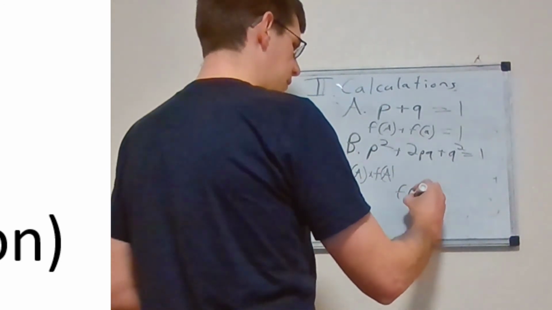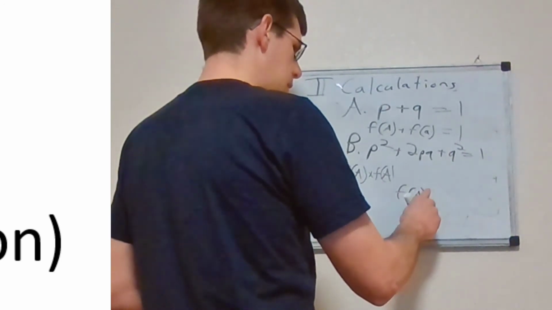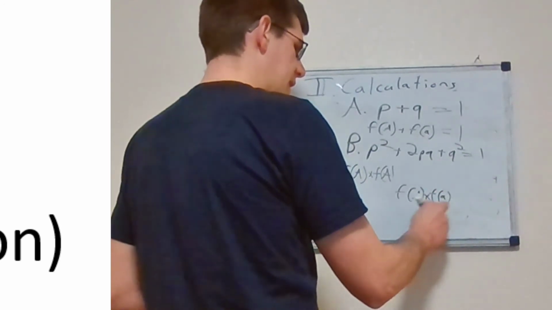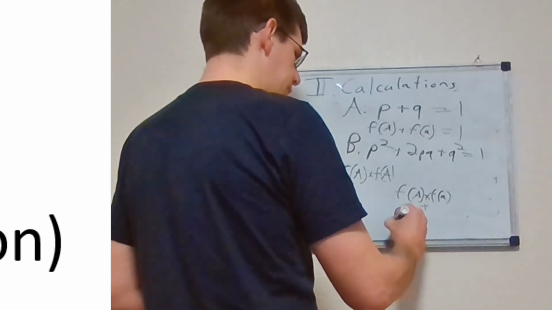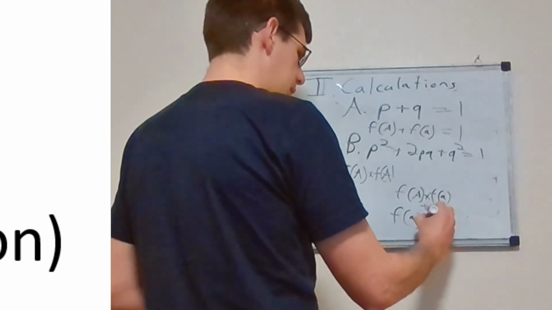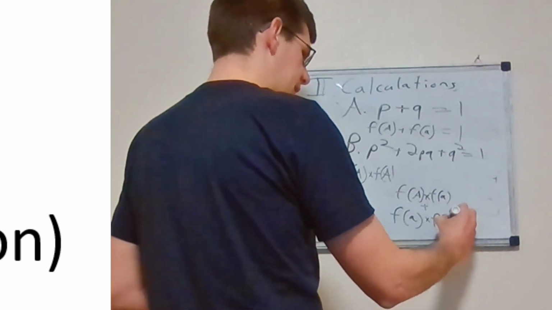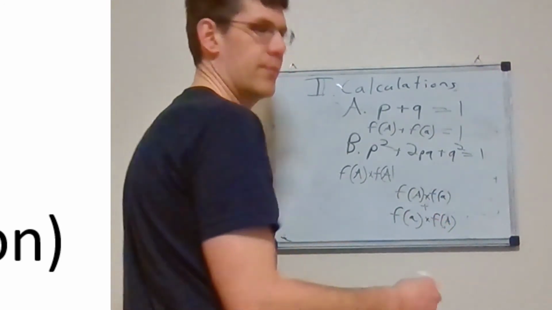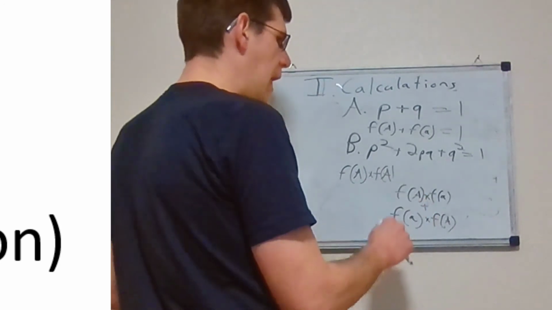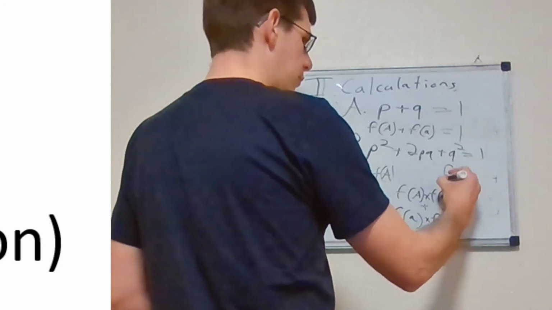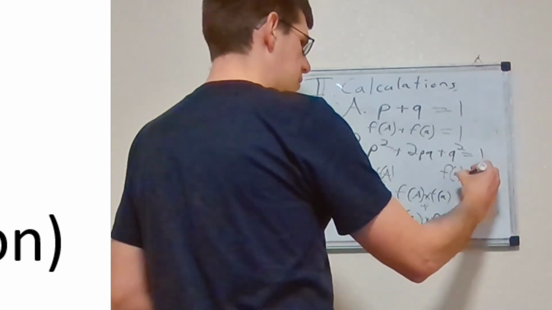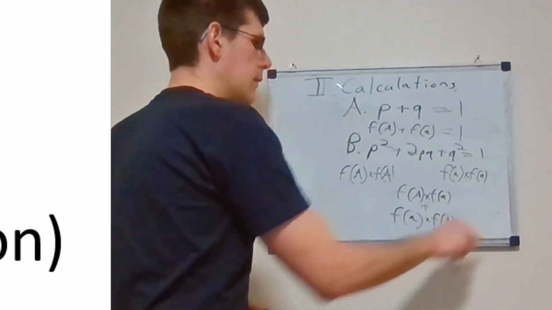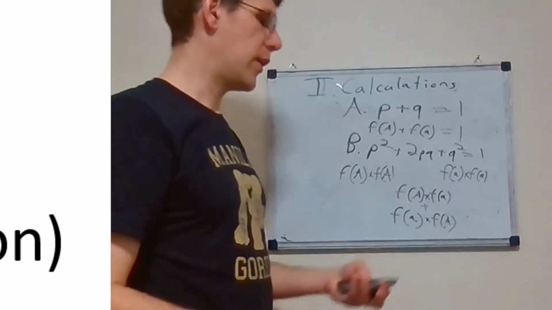Your frequency of getting this guy first and this guy second, plus your frequency of getting this guy first and this guy second, that's pq, qp. Multiplication means they're the same thing, and that's going to be 2pq. And this is your frequency of getting each one of these. And that's how we're going to get our q squared.